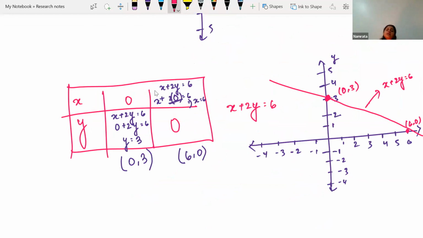Again, I am repeating: you must take x as 0 and calculate y, and take y as 0 and calculate x. Once you locate those 2 points and join them, you will get the graph of the linear equation. Let's do a few more questions from here.